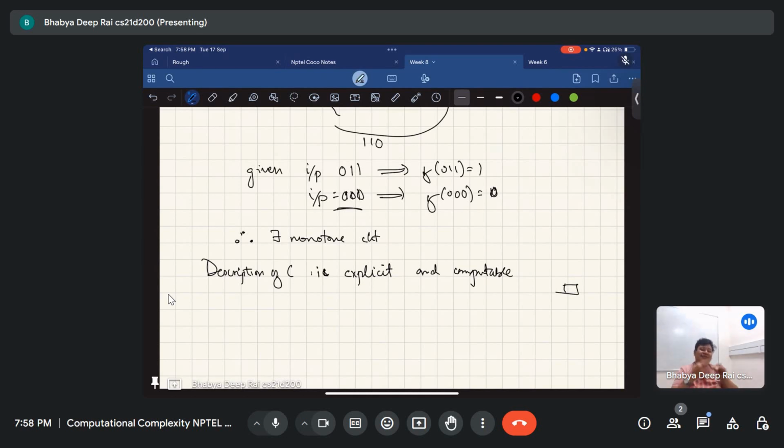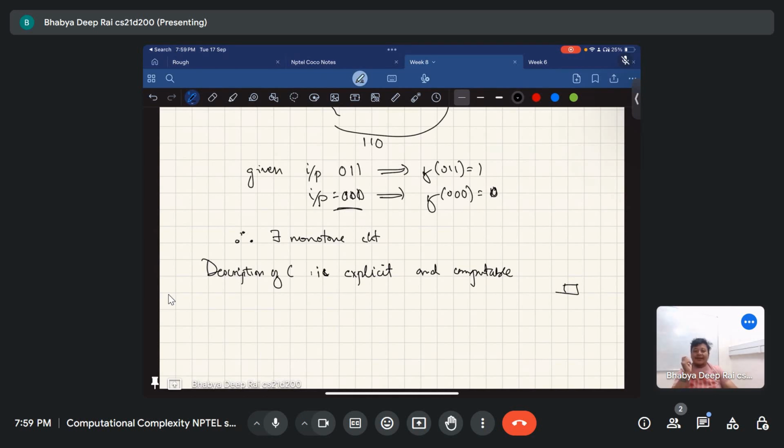It cannot be that a monotone circuit computes a non-monotone function because of this theorem. So monotone versions of circuit classes are slightly weaker than their original non-monotone classes.